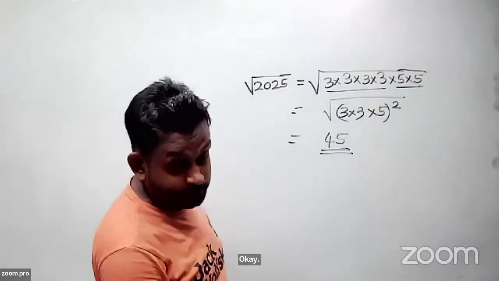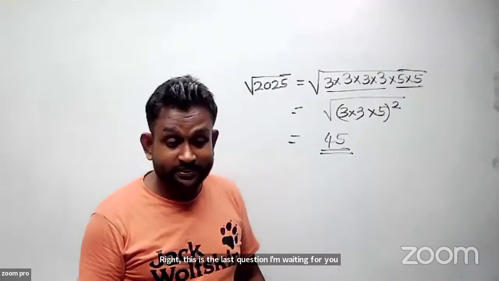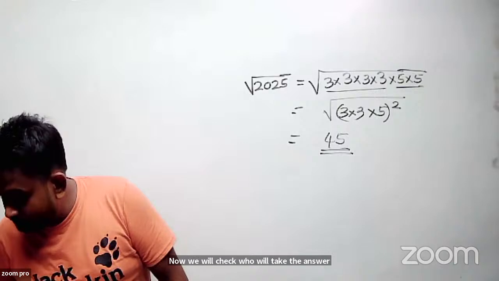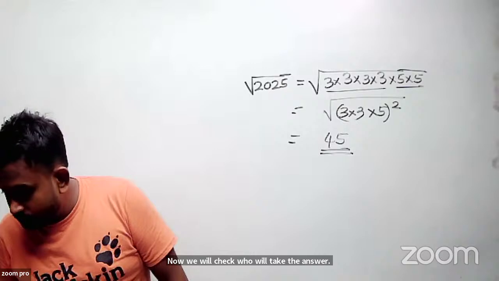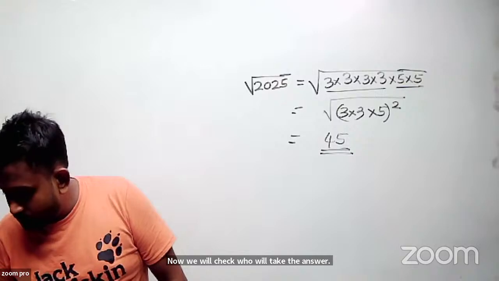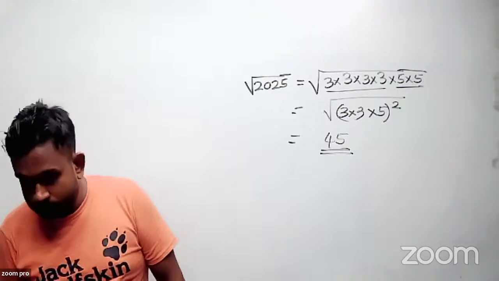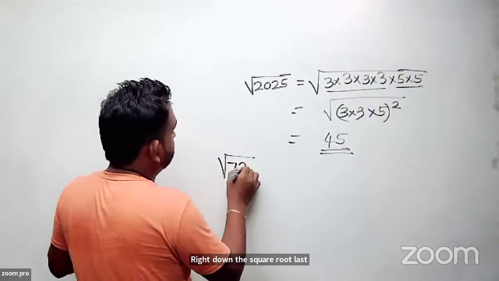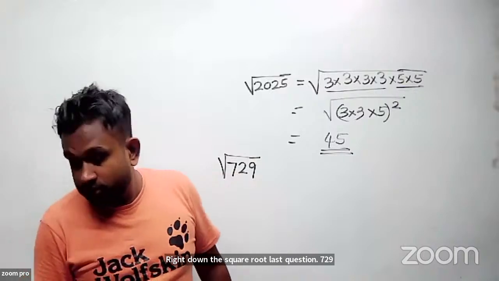Right. This is the last question. I am waiting for your answer and you can send me the answers to the chat now. We will check who will take the answer. Write down square root, last question, square root of 729.